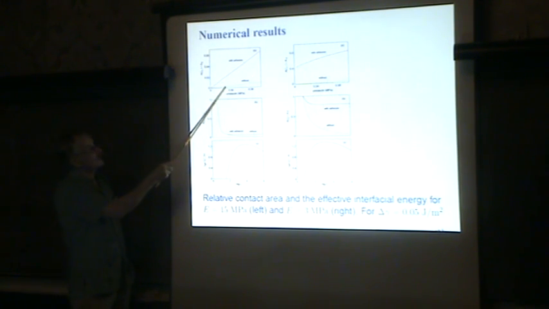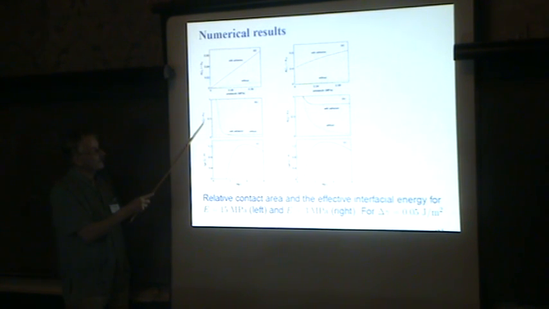The green line is the result without adhesion, and the red line is the result with adhesion. You can see that including adhesion, in this case, still gives a linear relation between contact area and applied normal load, but the slope is much higher than if you neglect adhesion. I will tell you in a moment why it's still linear.